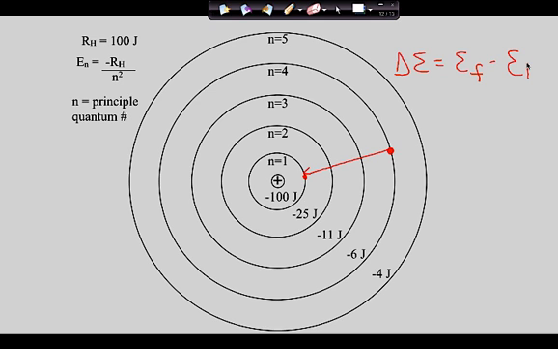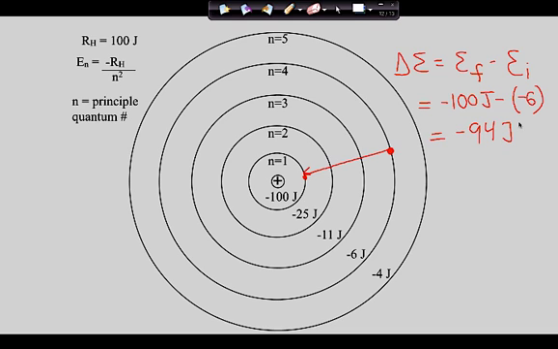Changes are always final minus initial. So the change in energy is the energy final, which is negative 100 joules, minus your initial energy, which is negative 6 joules. So what is the change in energy?